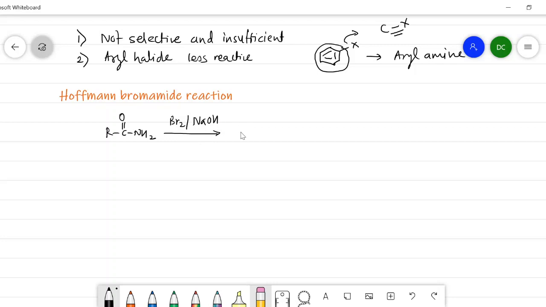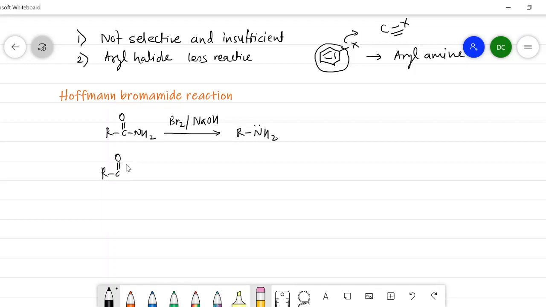Then this RCONH2 is converted into RNH2, and there is a loss of one carbon. That's why this reaction is also called the Hofmann degradation reaction. This amide is converted into the primary amine. In this reaction, we get a primary amine as a major product. Now see how the reaction occurs.